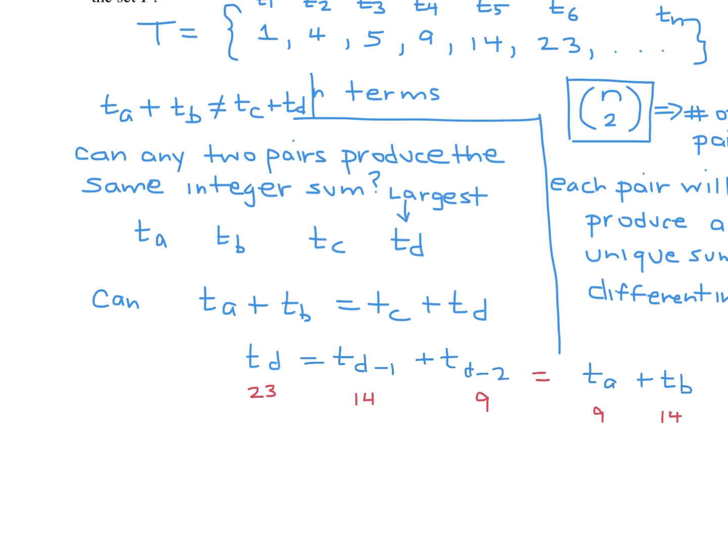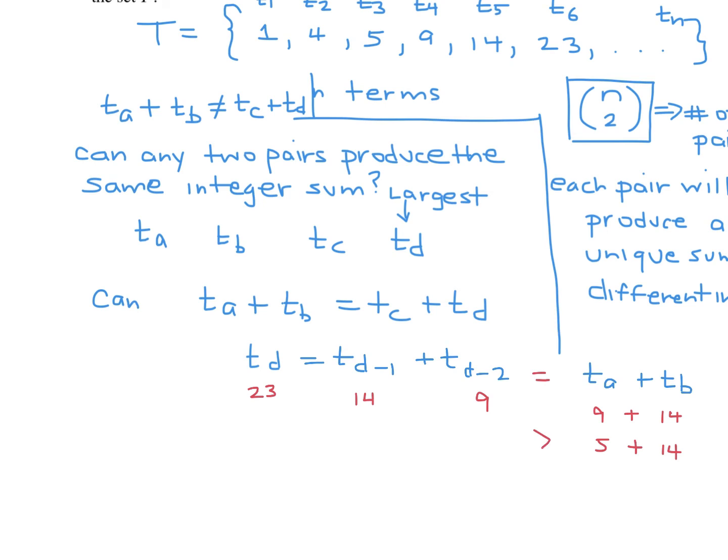But what if I chose different numbers for TA and TB? Let's say I chose TB, whatever, 14, but then for TA I chose it to be 5. Well, in that case, the sum is 19, and that's less than 23. So that means this is now going to be a greater than sign.